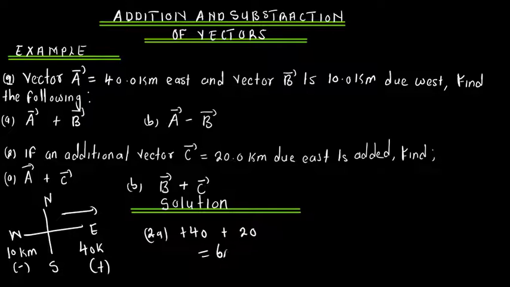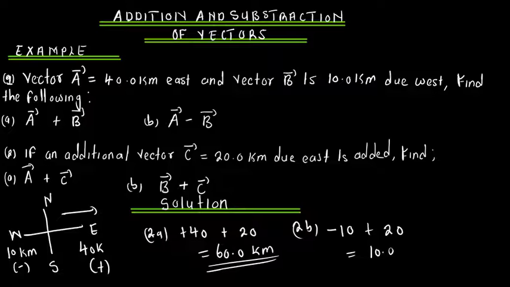And of course, this will be 60.0 kilometers. This makes sense. Next, we find B plus C. And of course, we know that B is simply negative 10 plus C is simply 20. So we are going to find 10.0 kilometers.